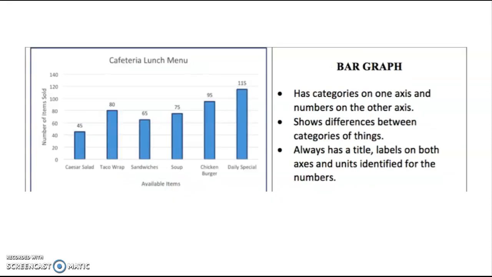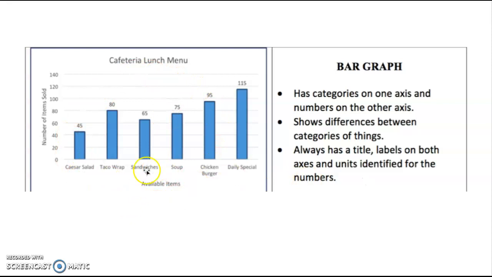Okay, next up is our bar graph, and a bar graph has categories on one axis and numbers on the other axis. It's most common to put the categories along the x-axis and the numbers on the y-axis, but you will see that that can sometimes be reversed. Bar graphs are used to show differences between categories of things, so you're always going to have categories.